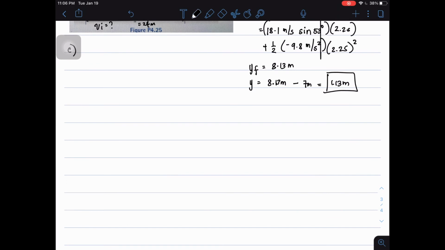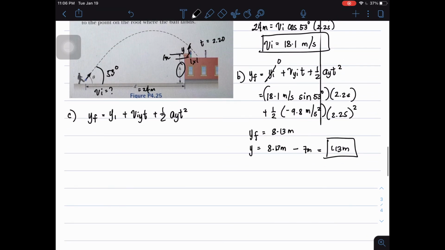For letter C, we need to first solve the time that it takes to travel to where point X is. By solving the y component, we know that the y component is 6 meters. So by using this formula and applying the parameters, we're going to get the time for it to be 6 meters high.